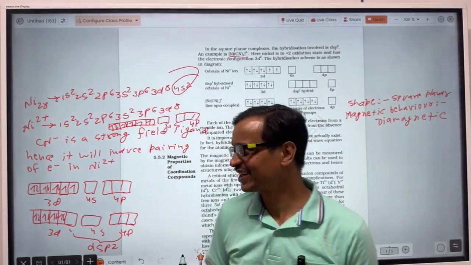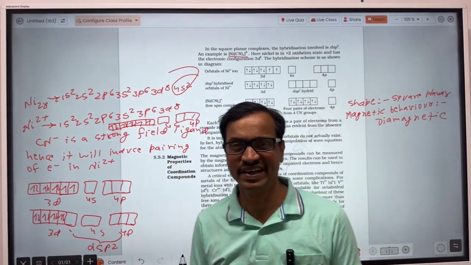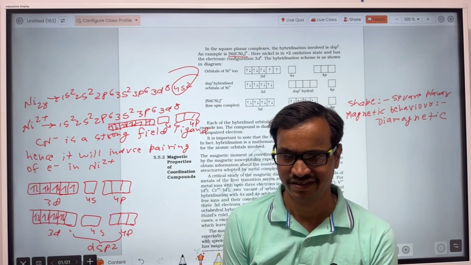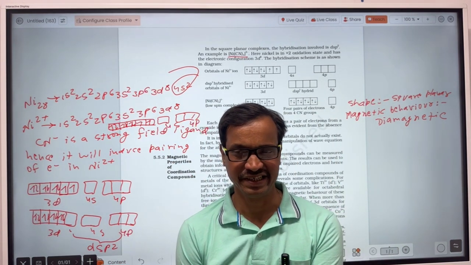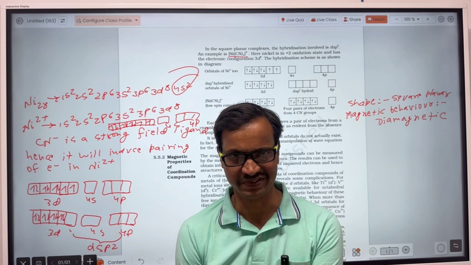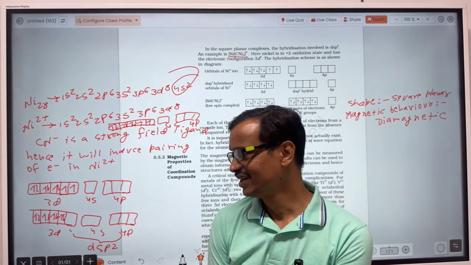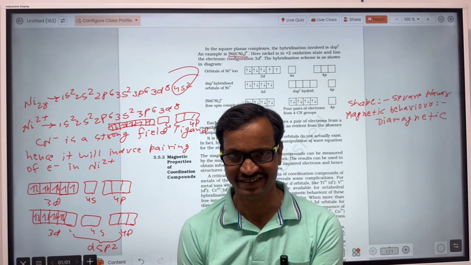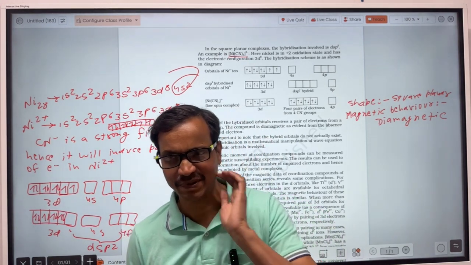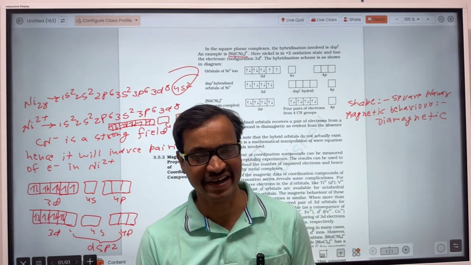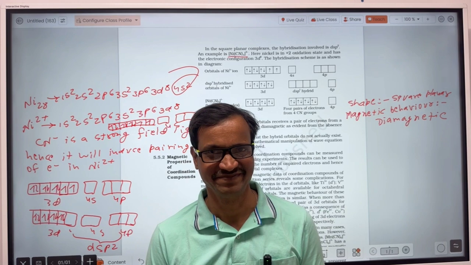Okay guys, that was about the valence bond theory of the topic bonding in coordination compounds, which predicts the shape and the magnetic behavior of the molecule.